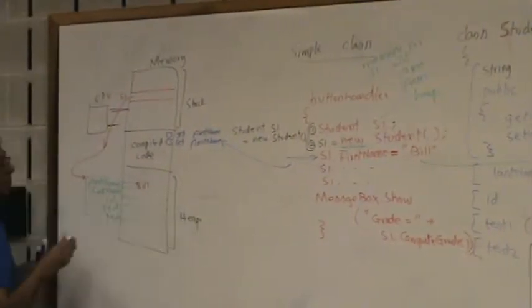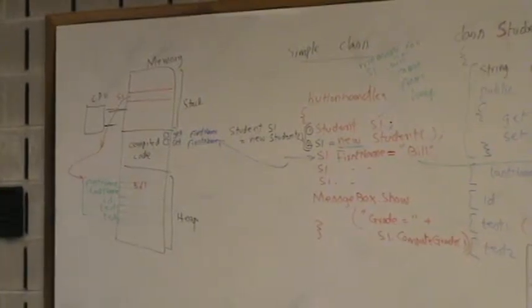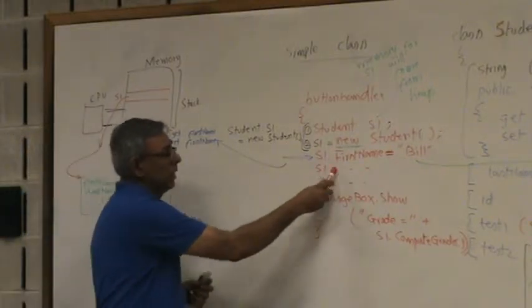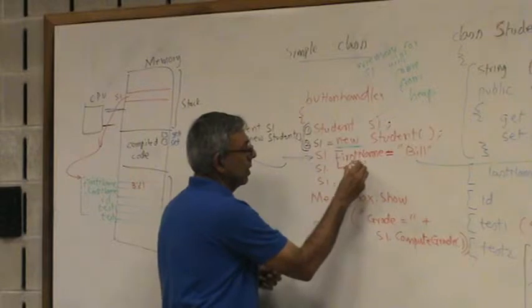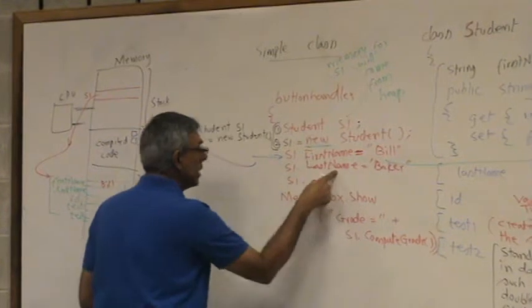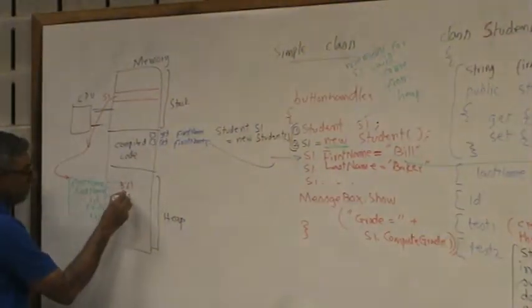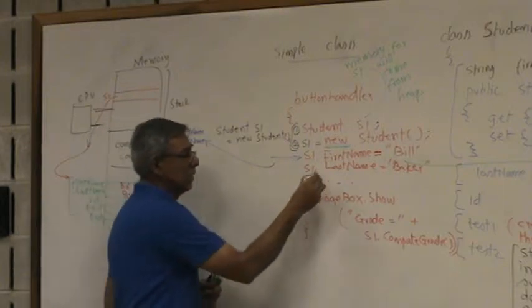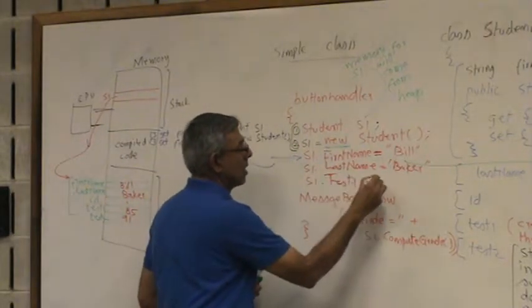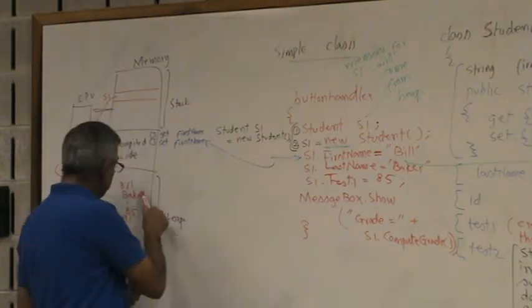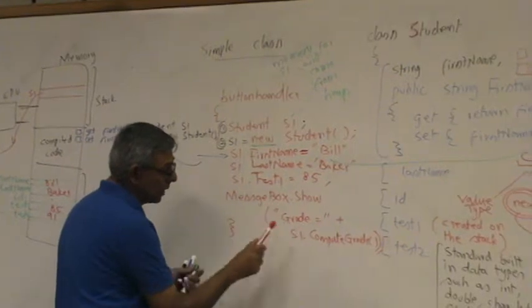In the same way, if we set LastName to Baker, then as soon as this is executed, Baker will get stored over here, and so on. Suppose we stored 85, 91, so there was test1 equal to 85. Anyway, once we stored over here, now let's go to this statement.